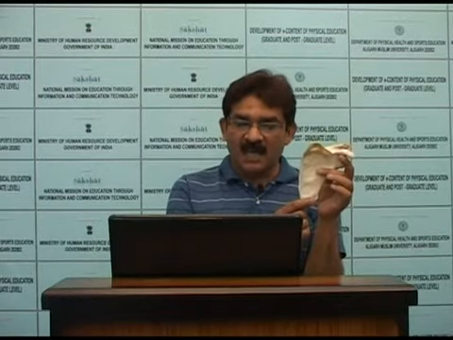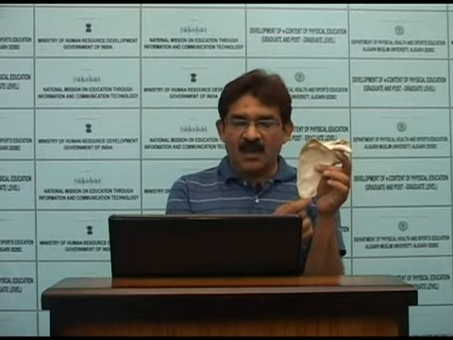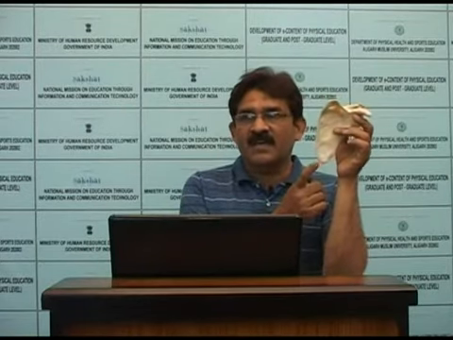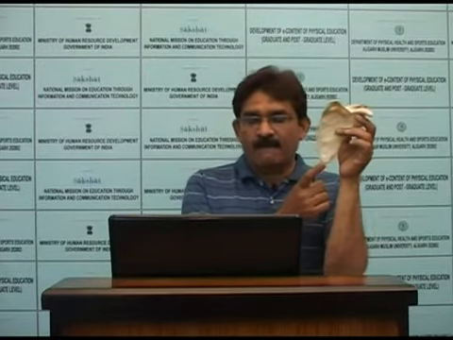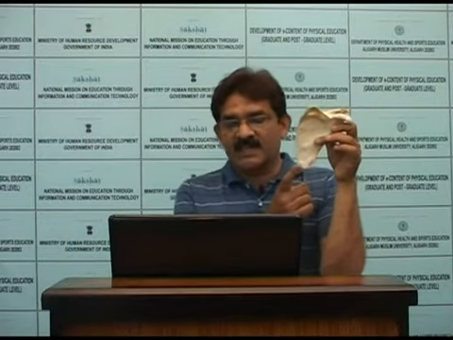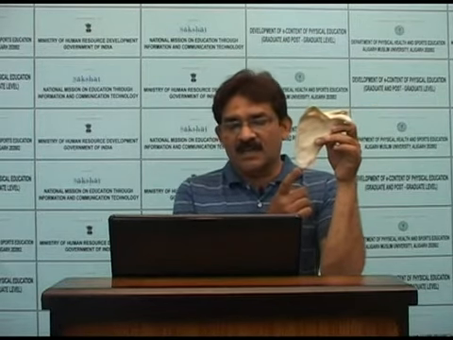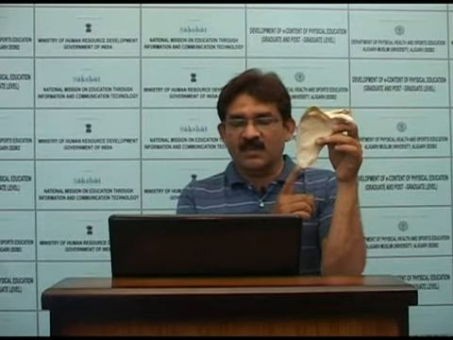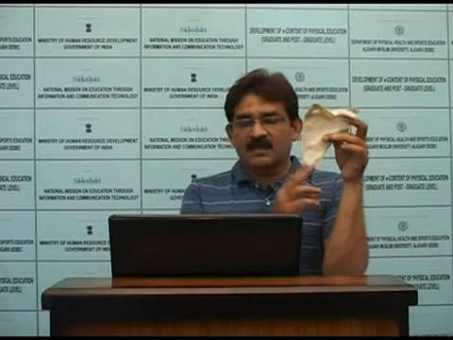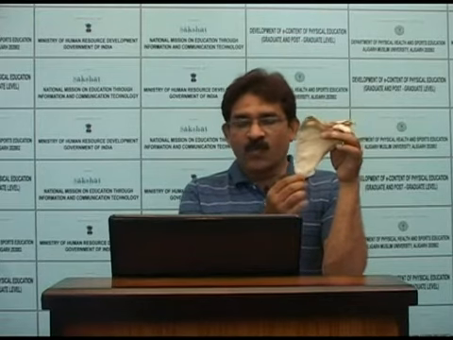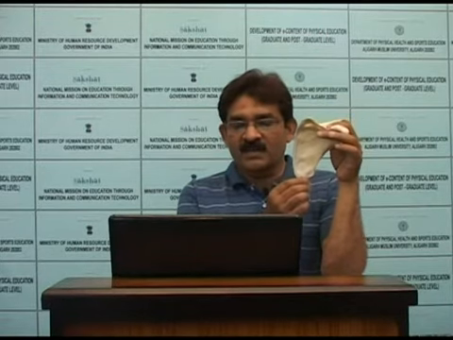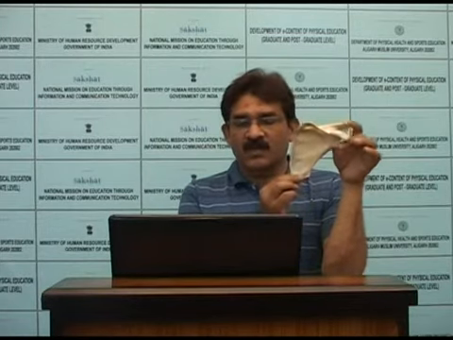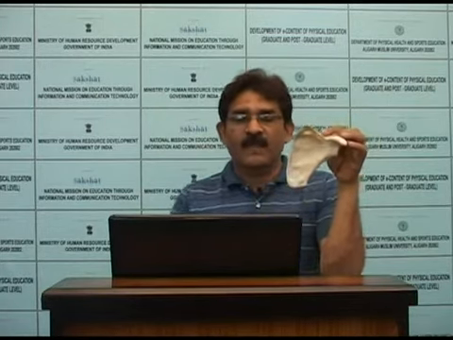These are the major muscles: latissimus dorsi, teres major and teres minor. The latissimus dorsi can move upward and downward and facilitates the movement of this bone.